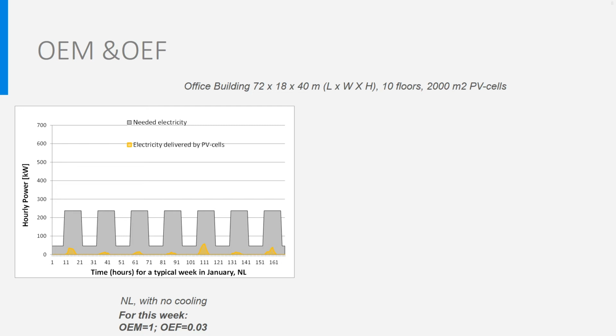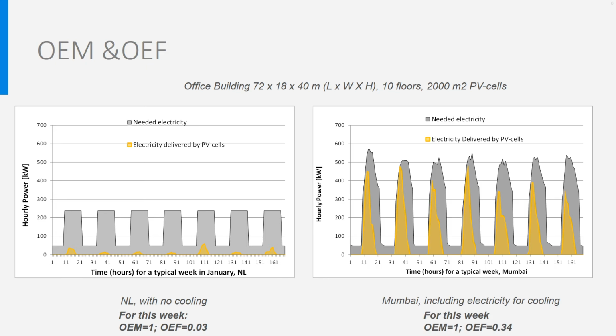But what happens in a more sunny and warm country? Let's take the same building, this time located in Mumbai. The building is exactly the same, but the cooling demand is very high there, so I added the electricity demand by the chillers to the electricity demand for appliances and lighting. That is why the grey area, representing the needed electricity, is much higher than in the Netherlands.